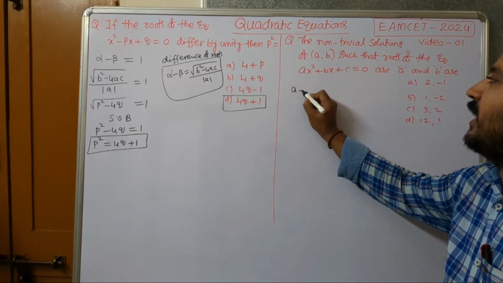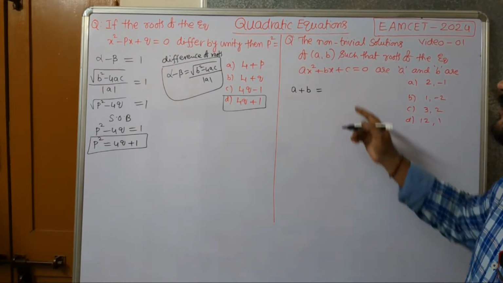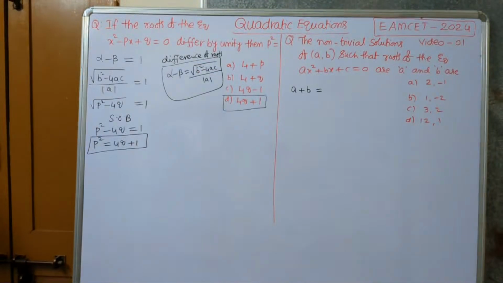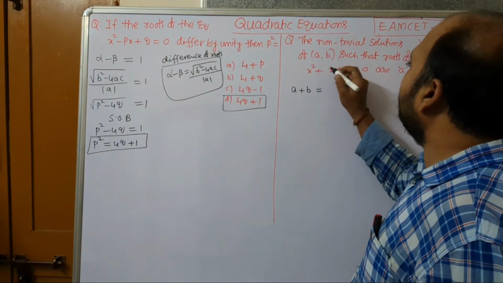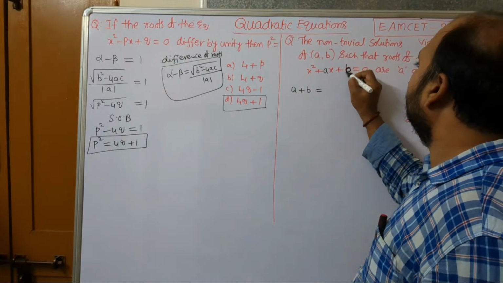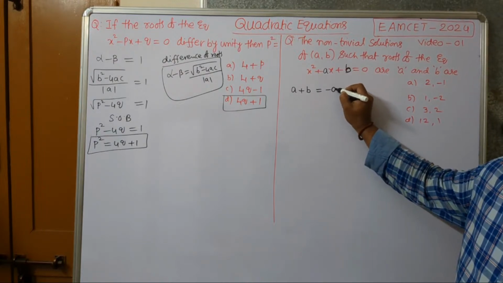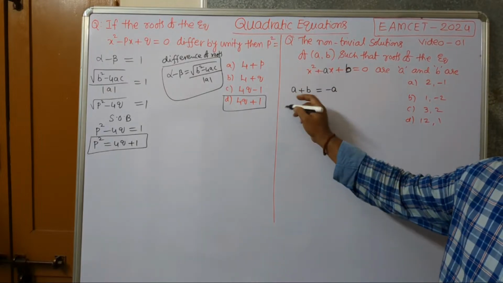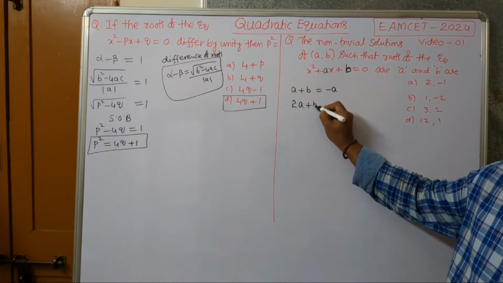So take the sum of the roots: a plus b is equal to minus b by a. Once I check that equation, it is x square plus ax plus b. So a plus b is equal to minus b by a value 1. Now bring minus a to this side, so a plus a, 2a plus b is equal to 0.